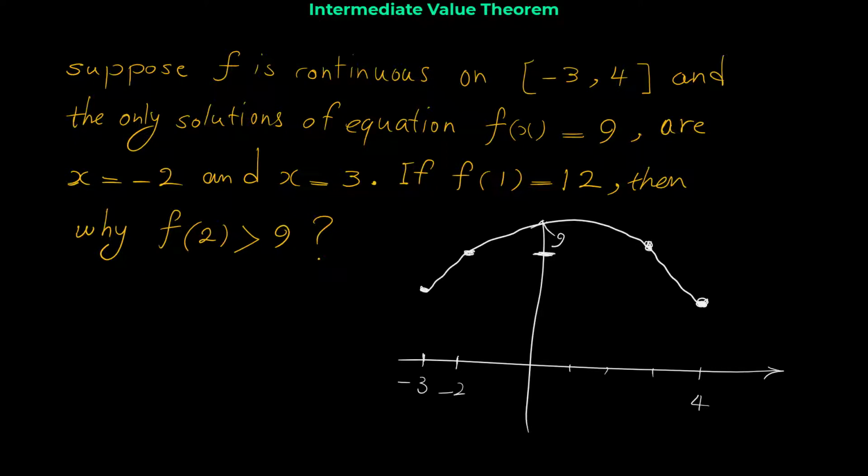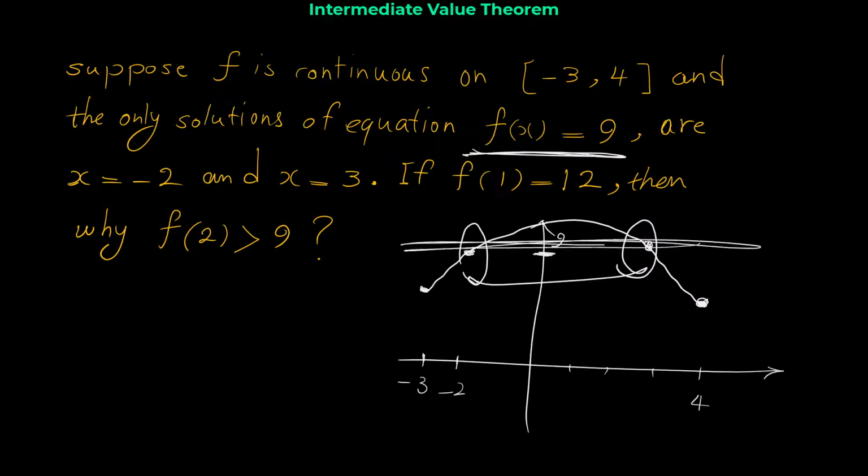Attention, whatever you graph, this is important. It should pass through this point and this point. Why? Because f of x equals 9 here. It has only two solutions, and those solutions are -2 and 3.